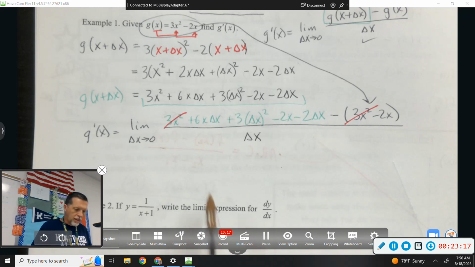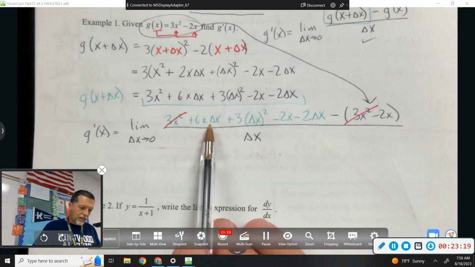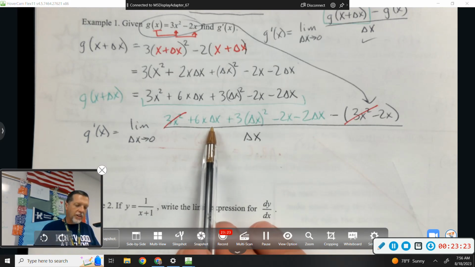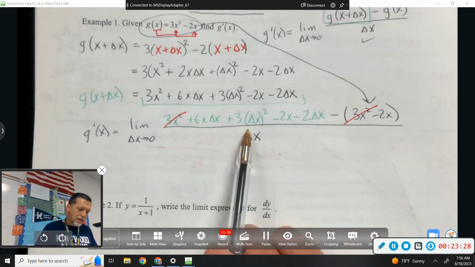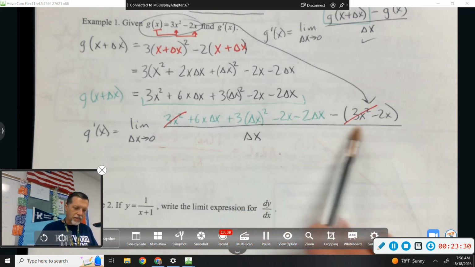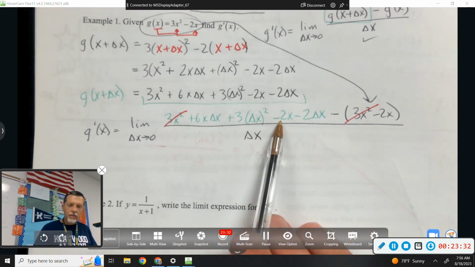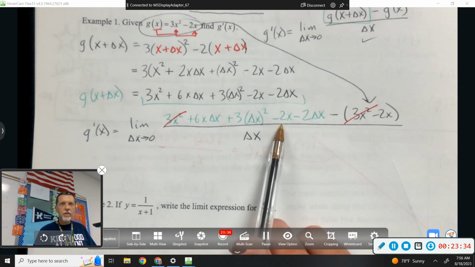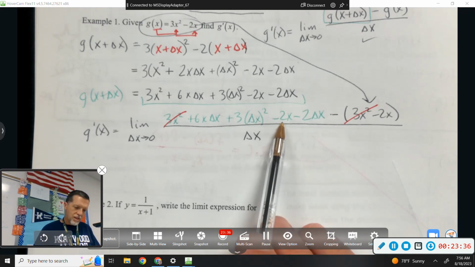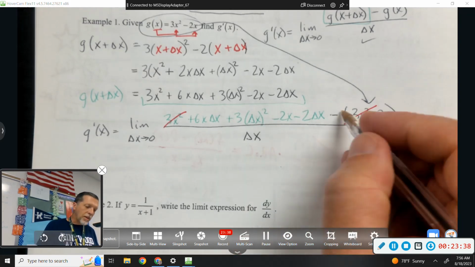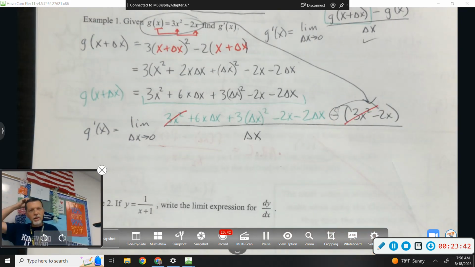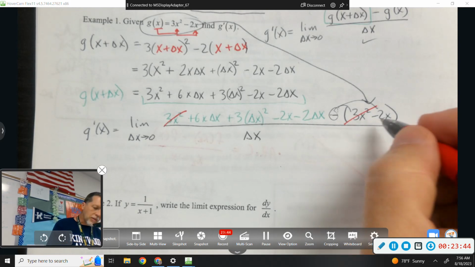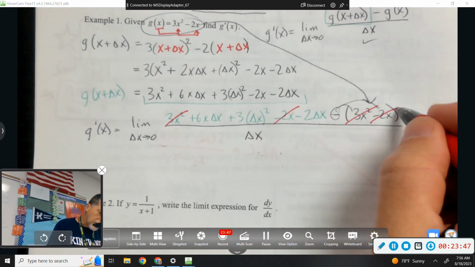Let's see. 6x delta x. I need another x delta x if I want to combine, but I don't see anything. Delta x squared, I don't see any delta x squareds. 2x, does that have any friends to join with? It cancels, good. That minus sign, we didn't want to take the time to show the distribution, but it distributes, making this positive 2x, which cancels with the minus 2x.